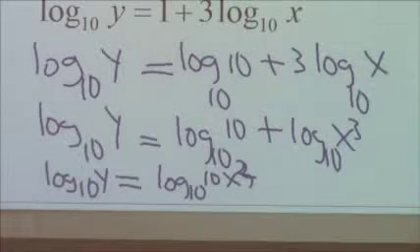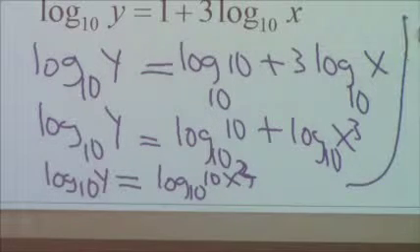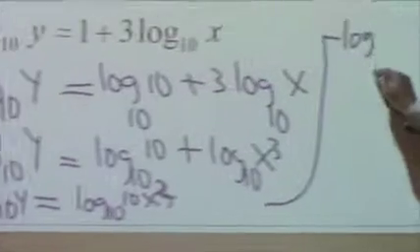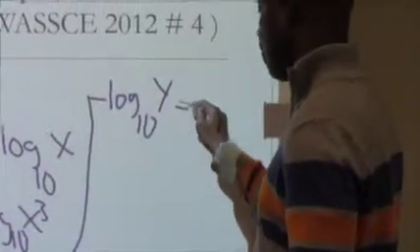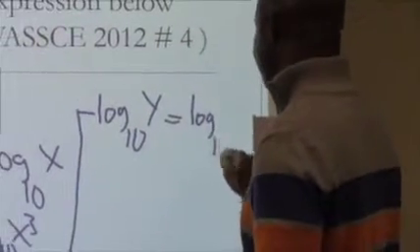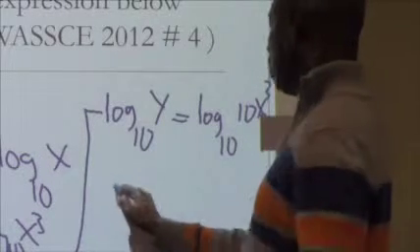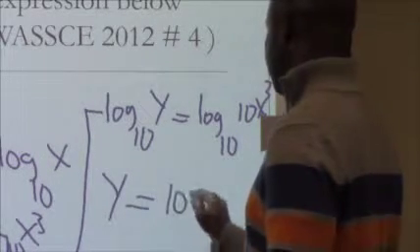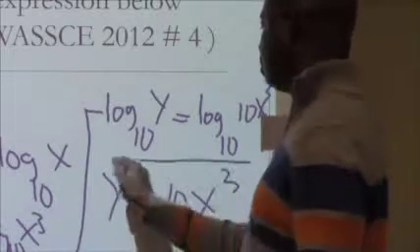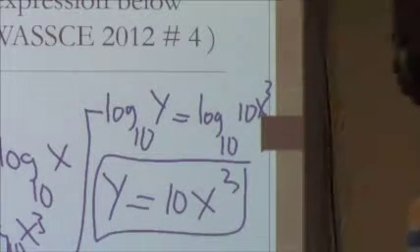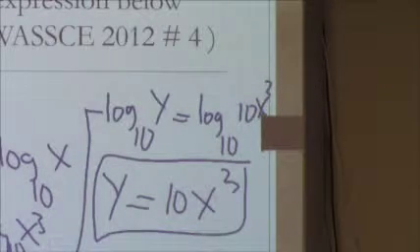If log base 10 of y is equal to that, then we can clearly see that for these to be equal, y must just be equal to 10x cubed. Correct? y must just be equal to 10x cubed.